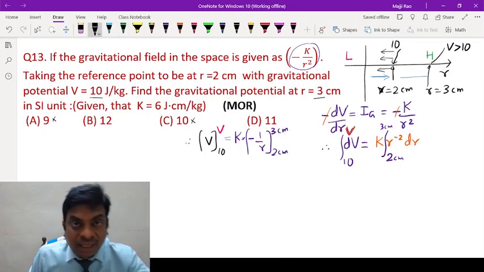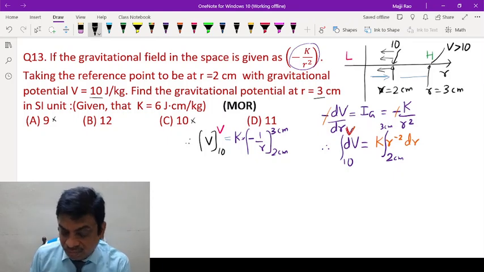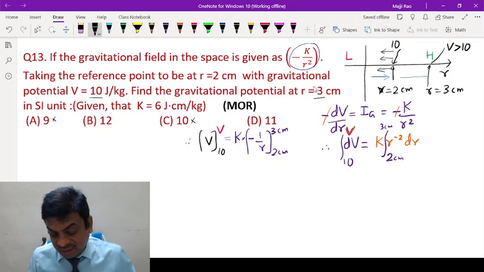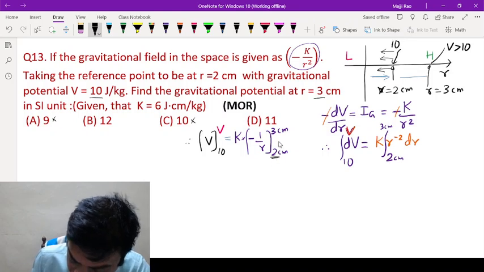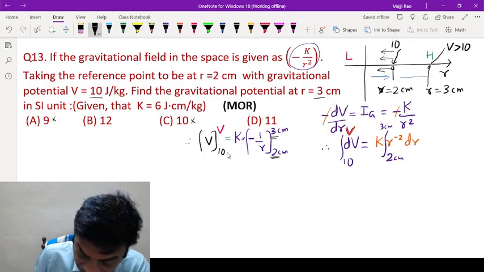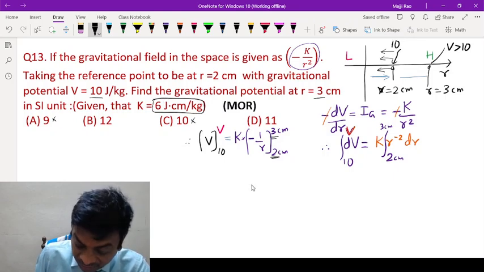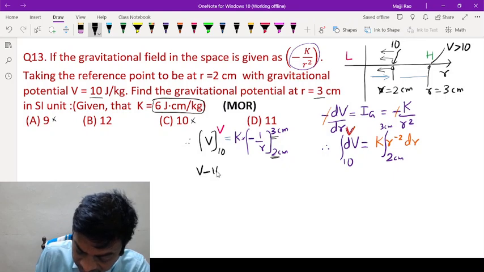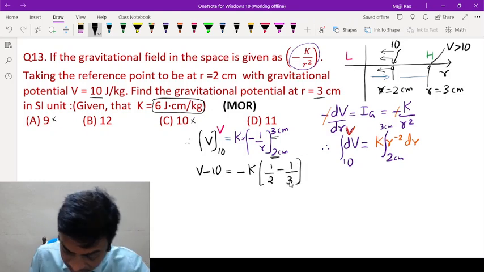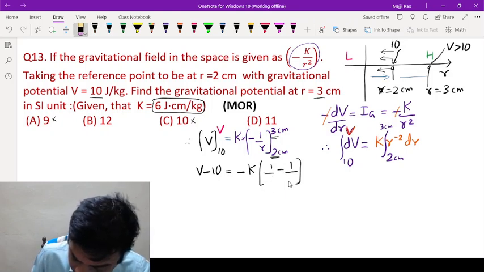Students, I am carrying the unit centimeter because mostly we are proceeding in SI units, but this is CGS unit. So let us keep this as centimeter. And K is given in mixed unit, both SI and CGS mixed. So let us see what happens. So we have V minus 10 is equal to minus K into 1 by 2 minus 1 by 3. Sorry, 1 by 3 minus 1 by 2.